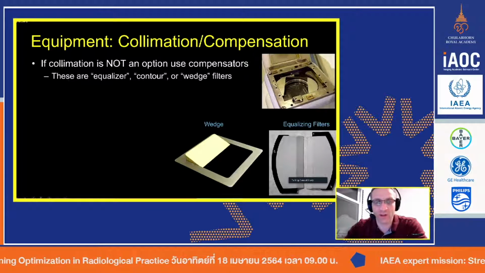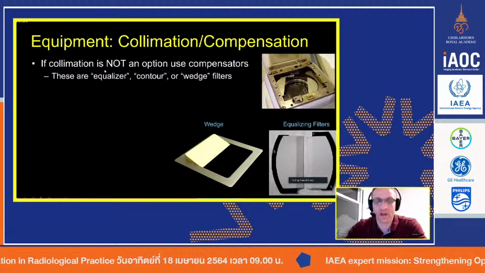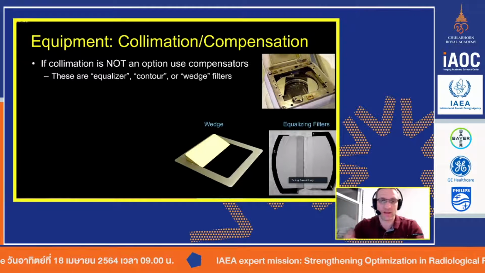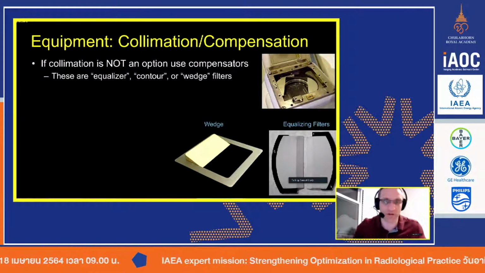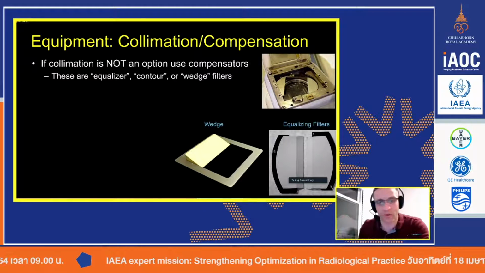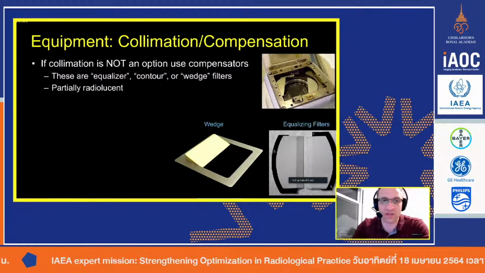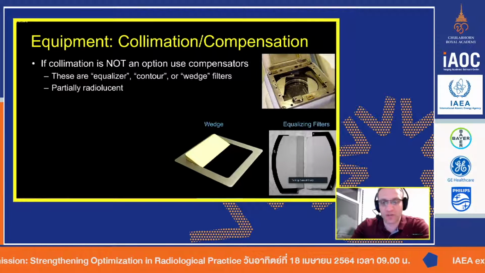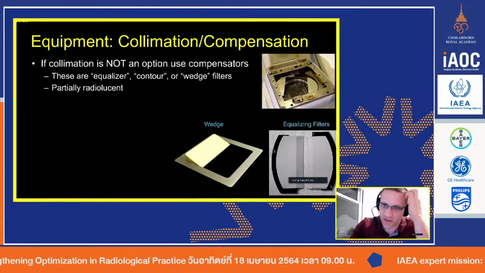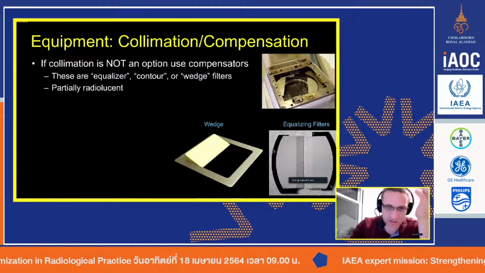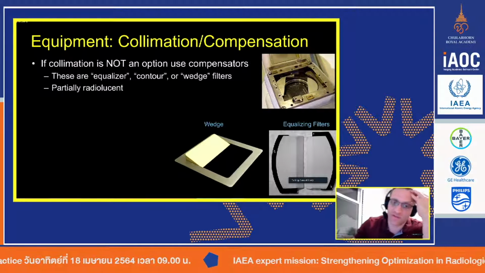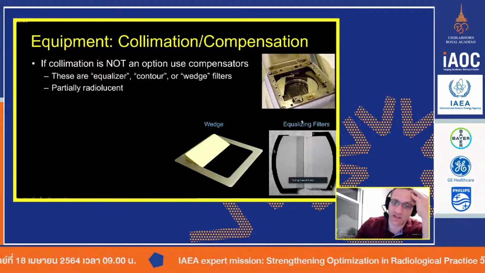So if collimation is not an option, in other words, we want to get rid of that extra white in the image, but if we cone in, we're getting rid of the anatomy, and maybe that's actually what we want to see, where the image is being kind of washed out with that extra white. Well, we have the option, especially on your interventional systems, like in cardiology, which I know we're not necessarily talking to cardiologists, but you have different ways to do wedges or equalizing filters.